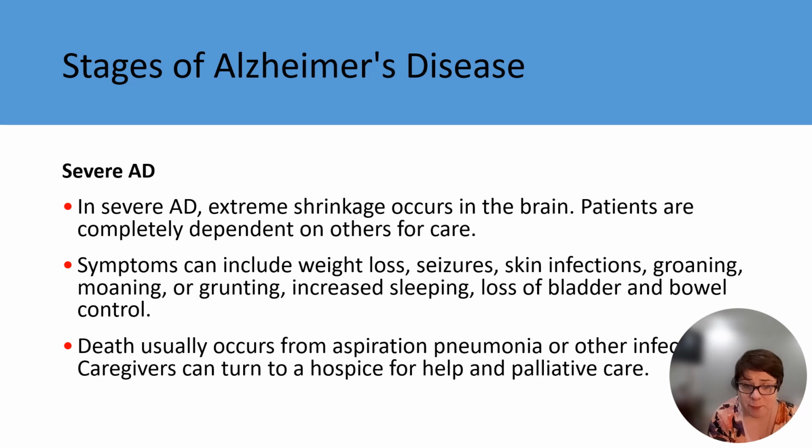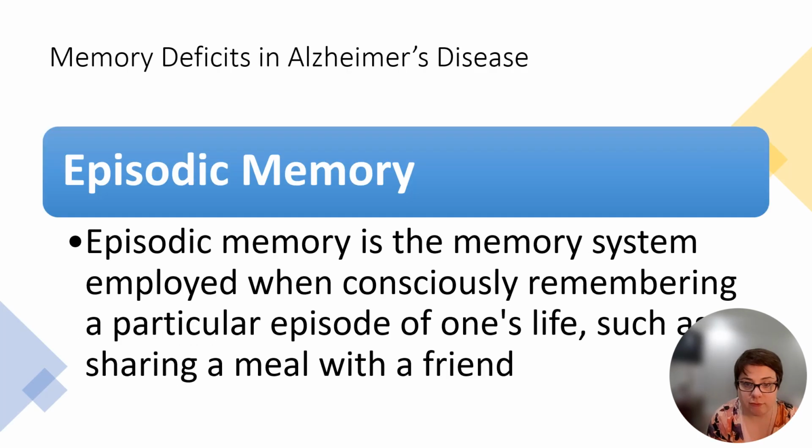And death typically occurs either as a result of sepsis or severe infection, or aspiration pneumonia as a result of weakening of the lungs and the heart. And caregivers at this point would consider hospice and other forms of palliative care.